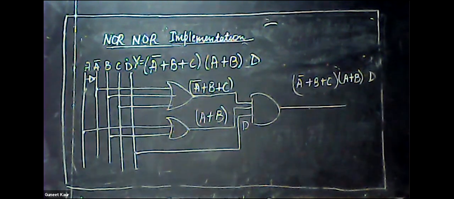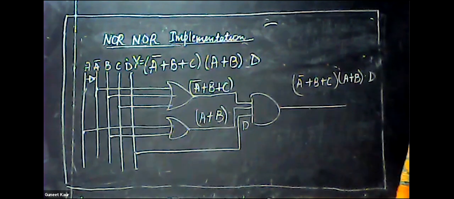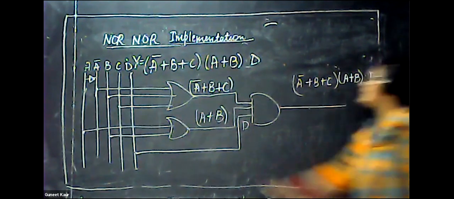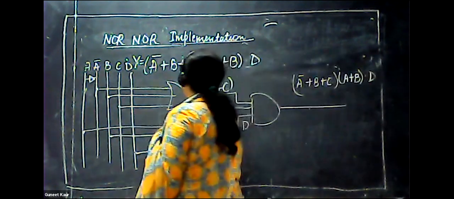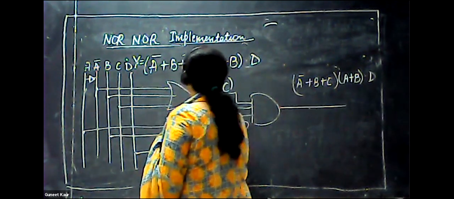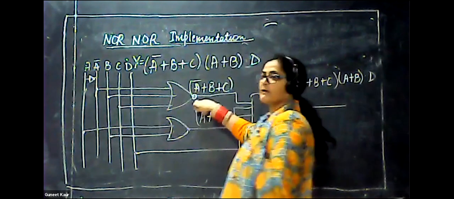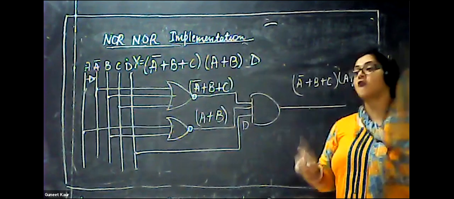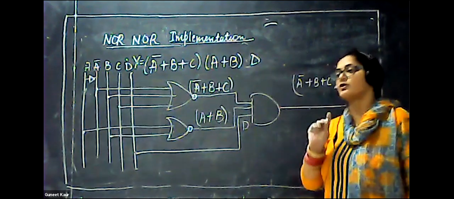using the AOI. Now go through the second step. In the second step, we will replace each of the OR gates using the NOR. So we will put a bubble here, a bubble here, again a bubble here. Each OR gate should be converted into a NOR gate.